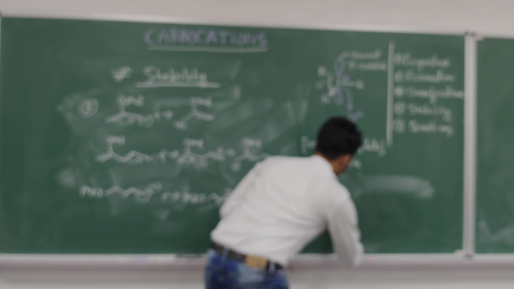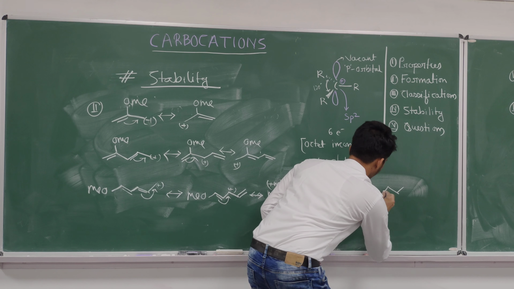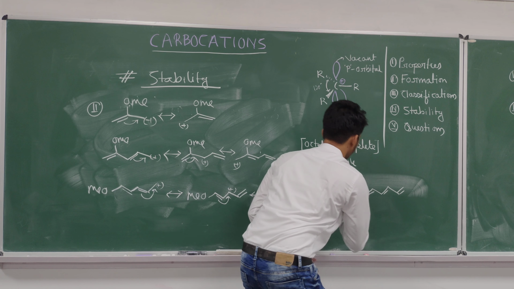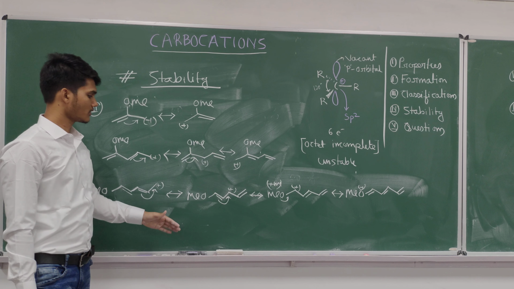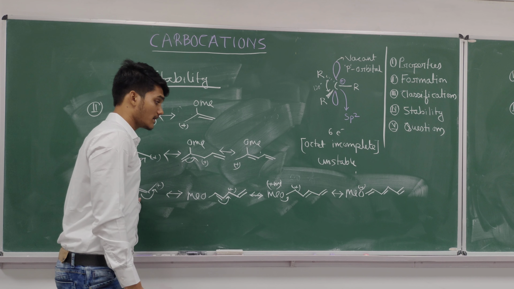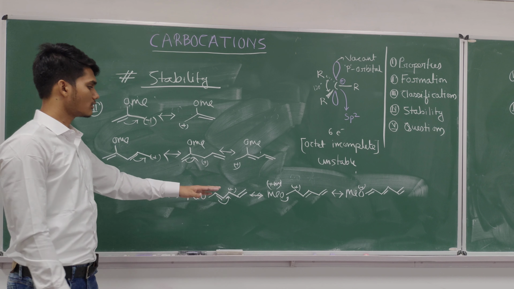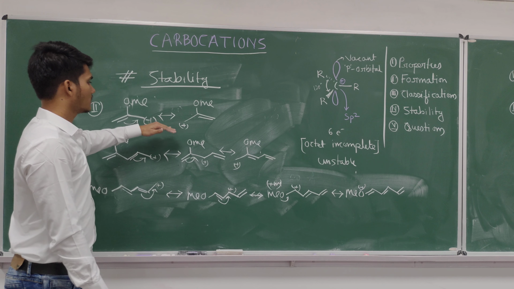So we have another structure. Now you can see that among these 3 compounds, the greater number of resonating structures is for the third one. Again, it also has the mesomeric effect. So obviously the third one will be the most stable, then the second one, and then the first one.